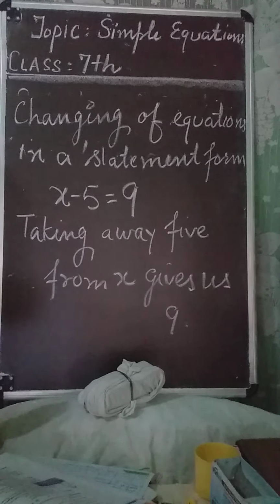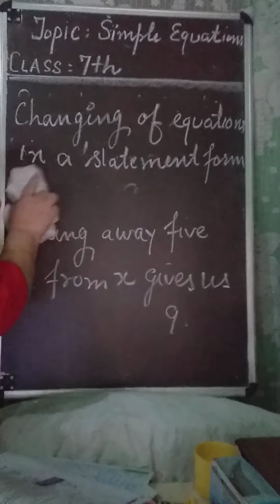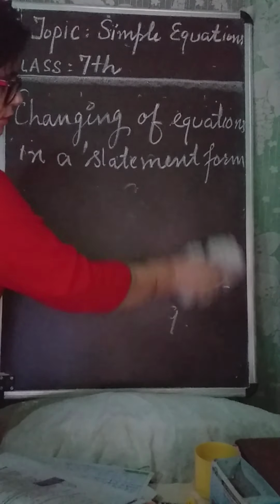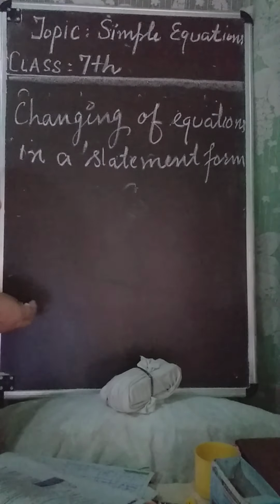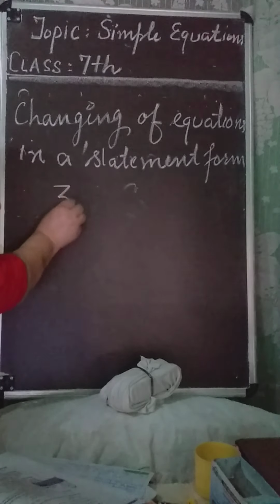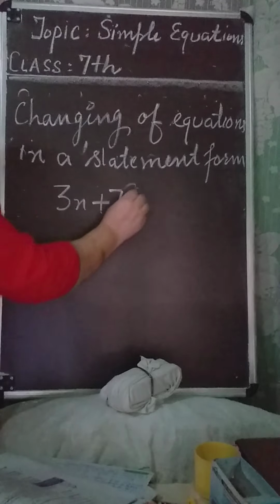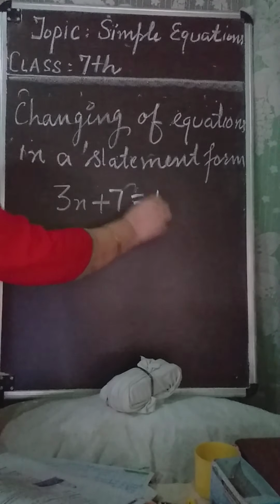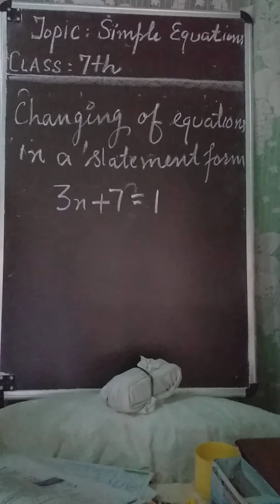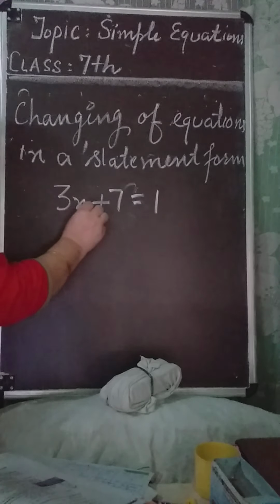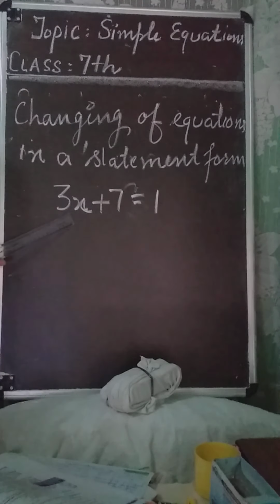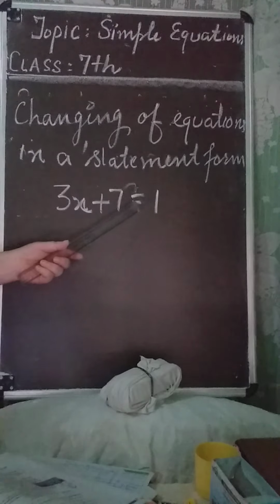Another example I will take. 3x plus 7 is equal to 1.